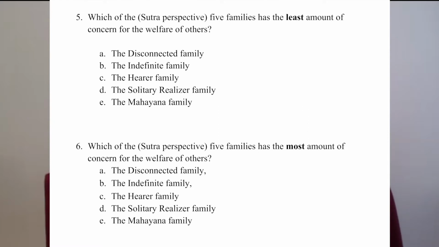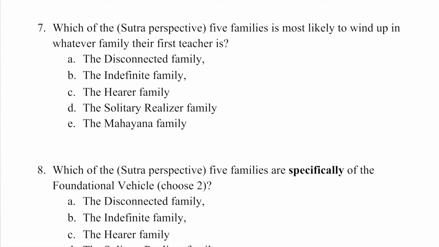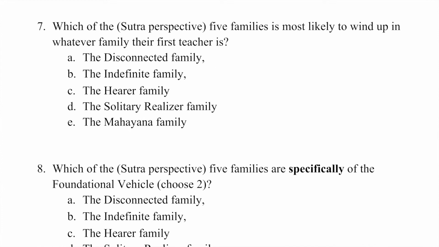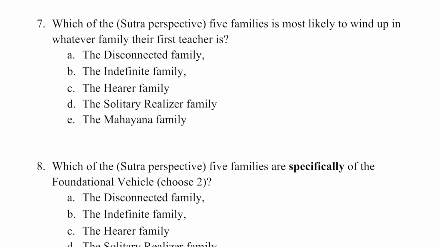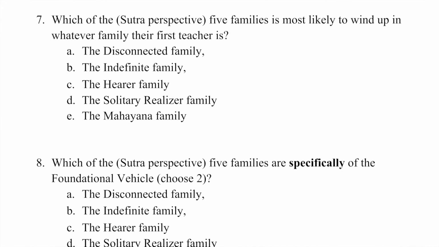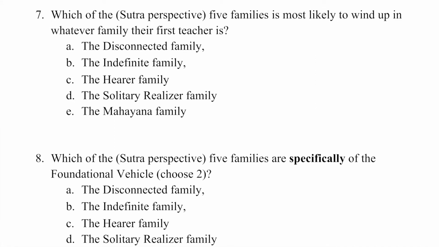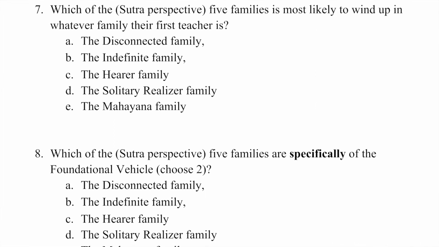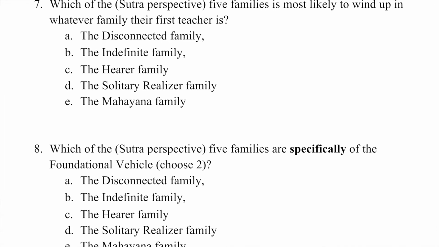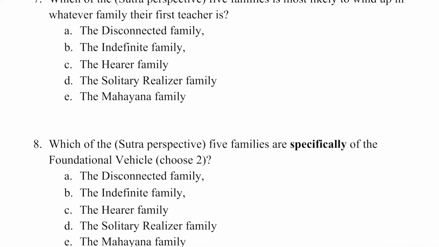Disconnected family, indefinite family, hearer family, solitary realizer family, Mahayana family. The most concern. 7. Which of the sutra perspective 5 families is most likely to wind up in whatever family their first teacher is? The one that's easily influenced. Disconnected, indefinite, hearer, solitary realizer, Mahayana.